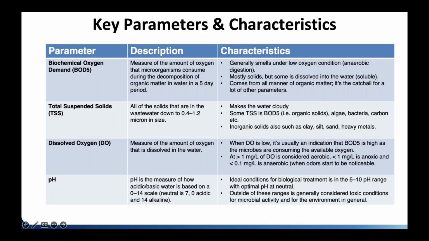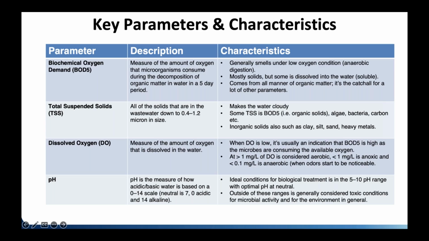pH is a measure of how basic or acidic water is. 0 to 14 scale. 7 is neutral. 0 is acidic. 14 is alkaline. The reason pH is important is because the bugs don't like extreme pHs. If you have a pH under 5 or over 10, you tend to get toxicity, and the bugs themselves don't operate in those toxic zones.